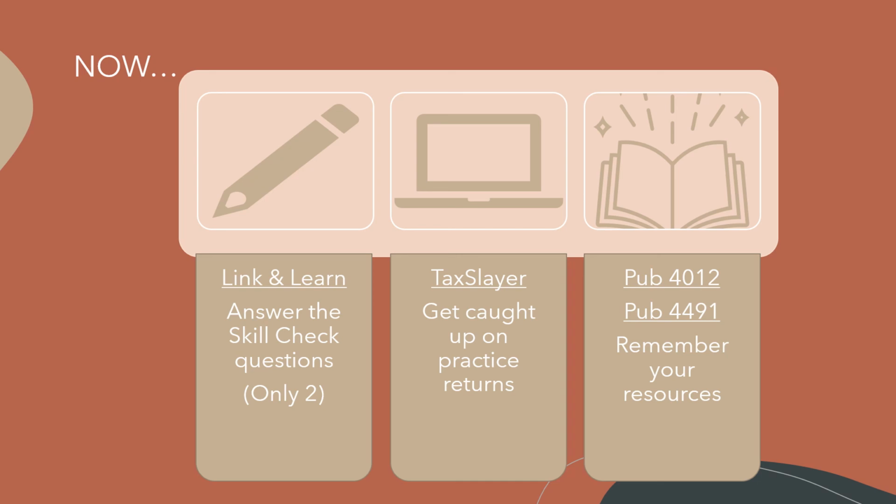Just be aware that one of them does not appear to be updated, maybe from a few years ago, on the income limits. So if you get it wrong and you're wondering, well, how did I get this wrong? Just maybe think critically about what could be the thing in the question that is causing a different answer.